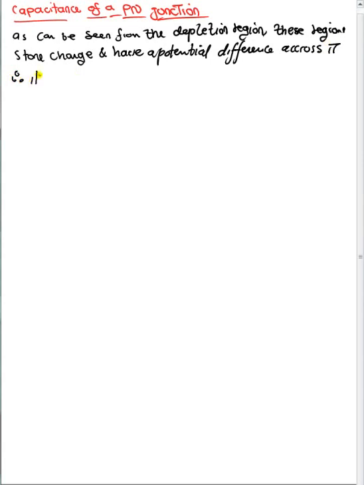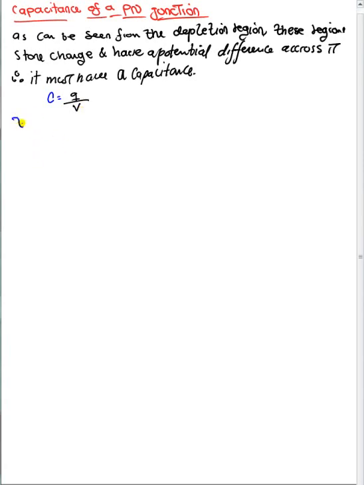Therefore, it must have a capacitance. This can mathematically also be seen by the fact that capacitance is equal to charge stored over the voltage across it. There is charge stored, and there's voltage across it, so it has to be a capacitance.